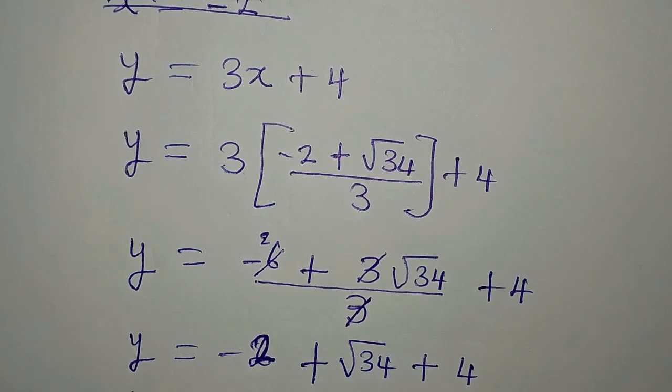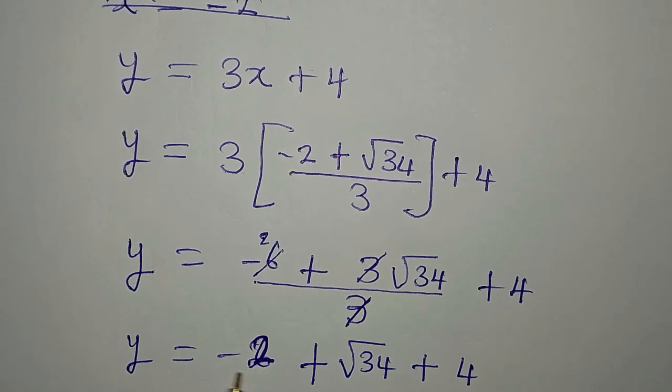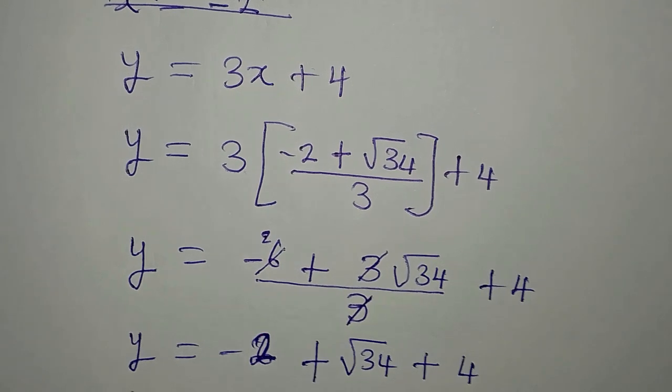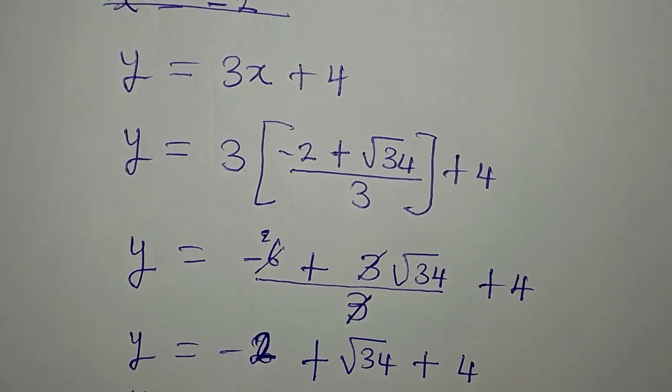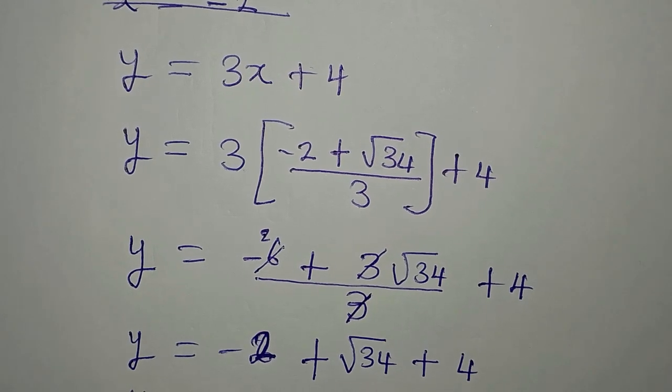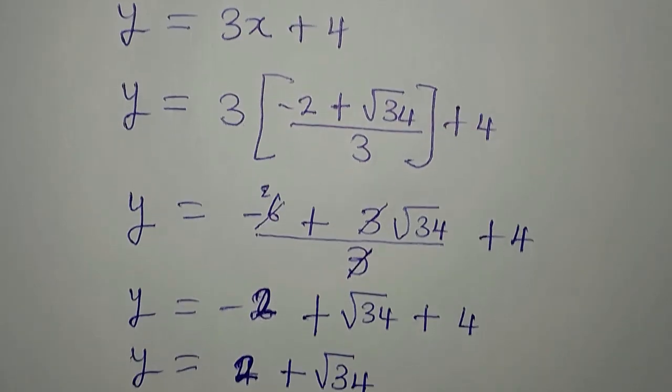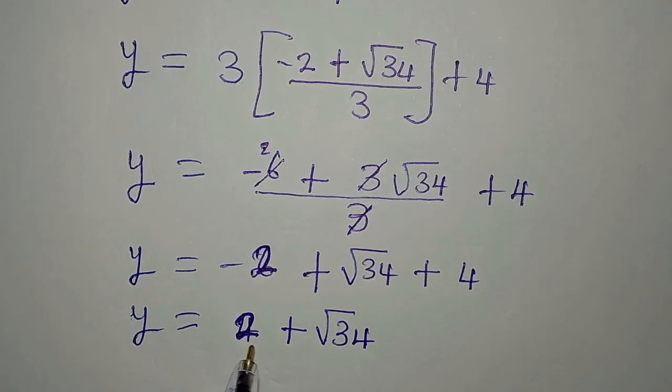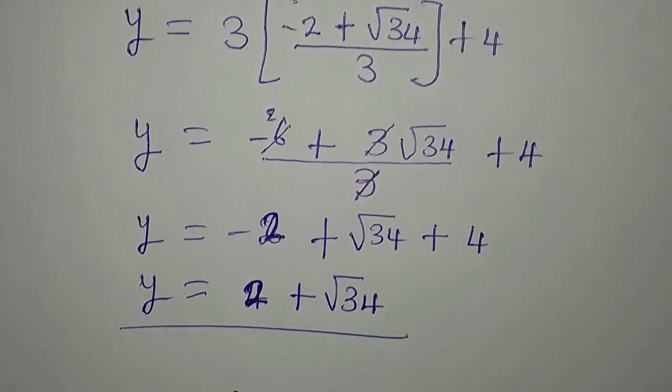Minus 2 plus 4 is 2, so y is equal to 2 plus square root of 34. So this becomes the value of y.